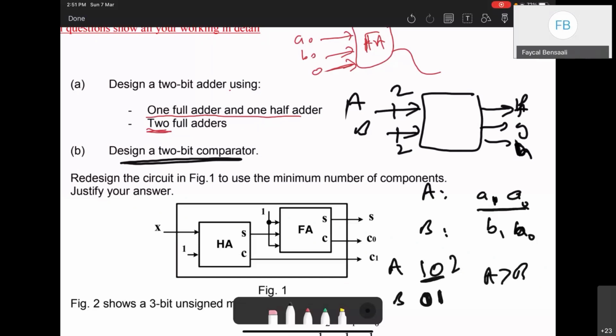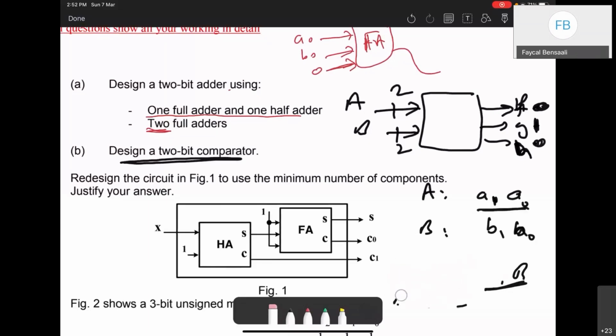Because this is 2 and this is 1. So if A is more than B, then the function that corresponds to this should be 1. Let's say G is the 1, so this should be 1, the rest should be 0. So how can I proceed with this?